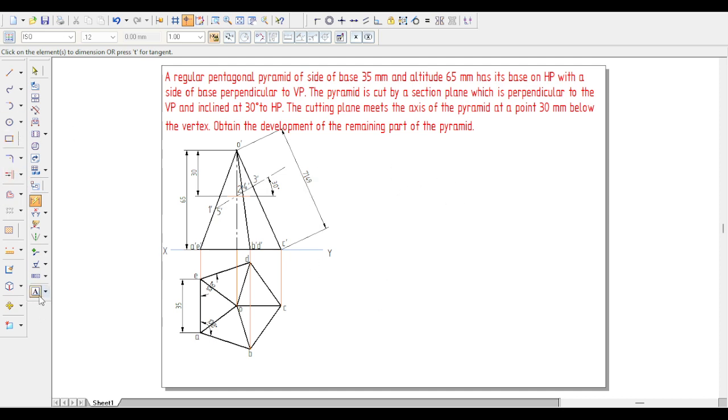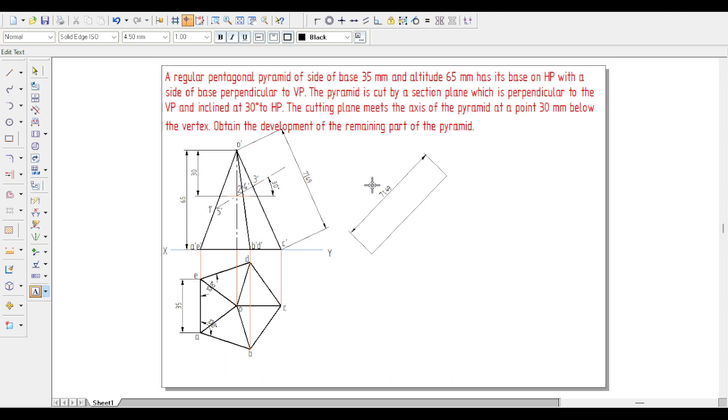For that, I will simply draw a line like this. Here, the dimension of this one I am going to set as 71.49, which is the true length of the slant edge. This point here I am denoting as the apex point O dash.